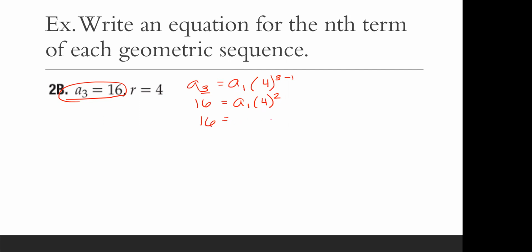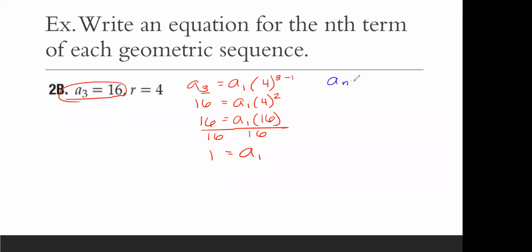Okay, so then I have 16 is equal to a sub 1 times 16, since 4 times 4 is 16. I would divide both sides by 16, and I get 1 is equal to a sub 1. Okay, so now I have my first term.